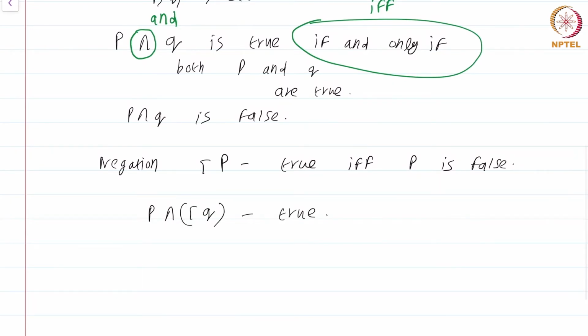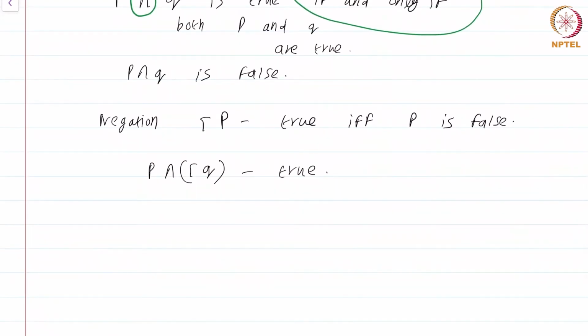Because the statement P asserts that 6 is even, the statement Q asserts that 3 is the first prime, 3 is not the first prime, so negation Q is true, so P and negation Q is true. So the negation, which is also called not P, is read not P. Notice that we had used and in the definition of the intersection of two sets. So there the and is the mathematical and that I am defining here.